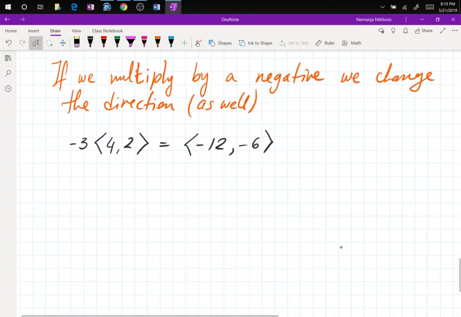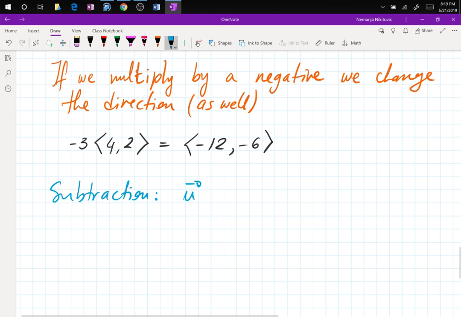So now that I established multiplication and addition, I can now combine those two into subtraction. So subtraction is a composition of these two.